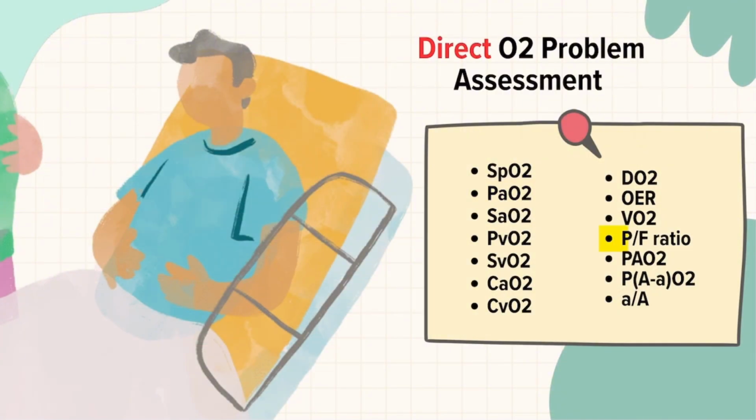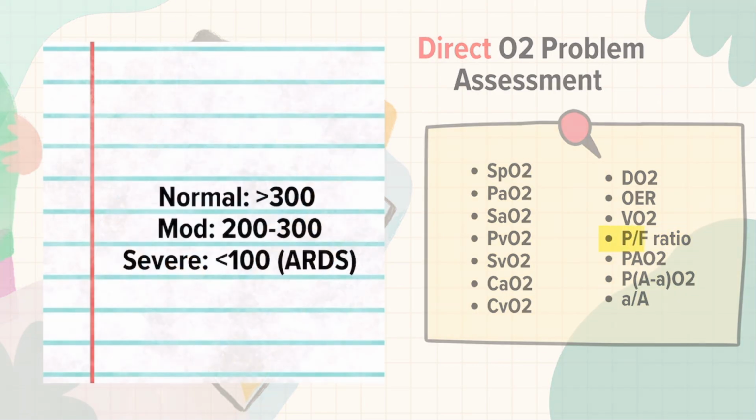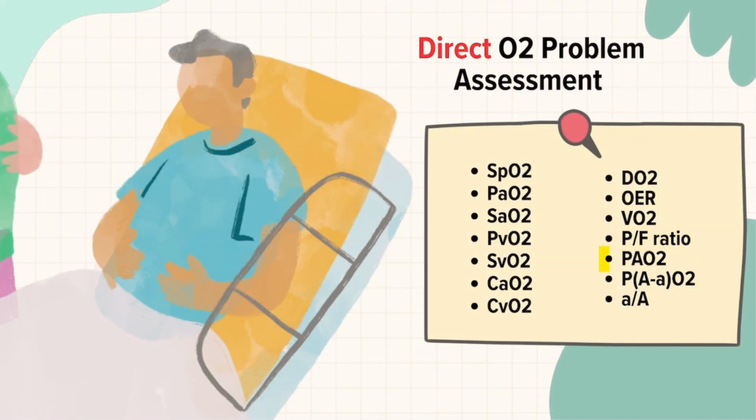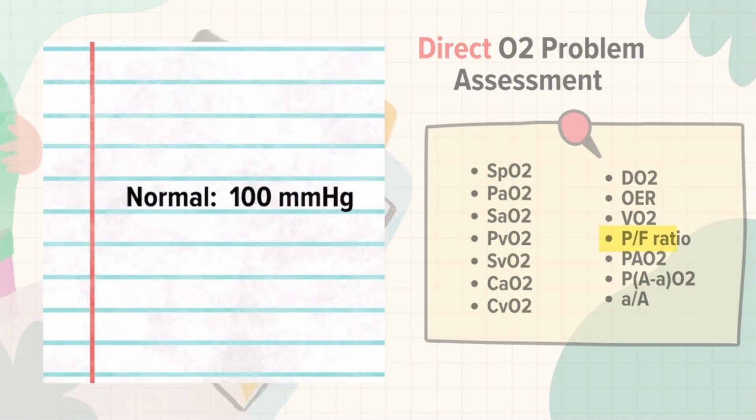4. PF ratio shows us how well our oxygen is moving from our lungs to our blood. Normal range greater than 300 millimeters of mercury. 5. PAO2, alveolar pressure. This is how much oxygen we expect in our alveoli. Normal range 100 millimeters of mercury on room air. 6.